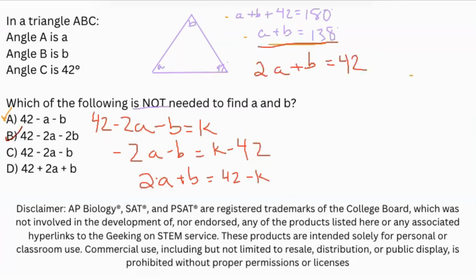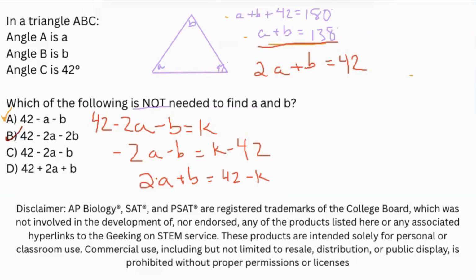And then I have my second equation, which is 2a plus b equals 42. If I take a look at it, then it should be able to subtract or solve.